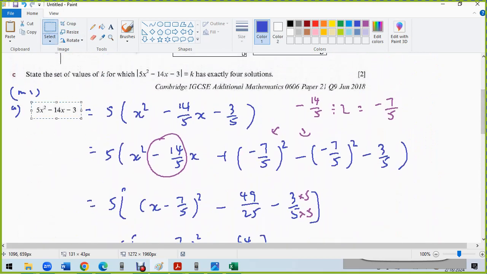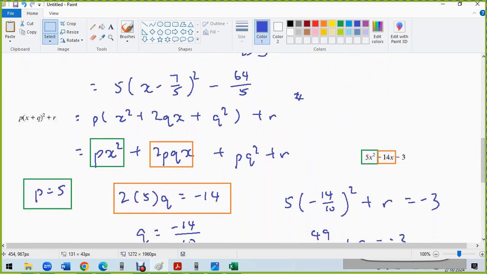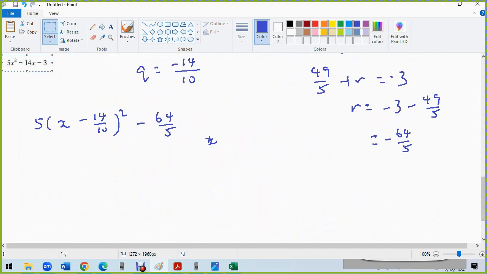So the answer is the same: 5 times x minus 7 over 5 squared minus 64 over 5. We can simplify 14 over 10 to 7 over 5.